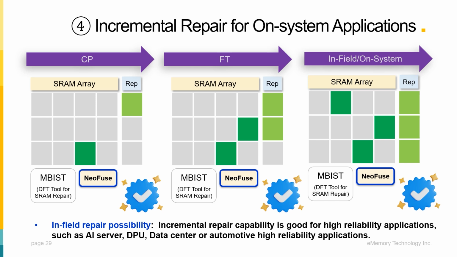The usage scenario is that we can repair the SRAM during the CP stage or at the FT stage, for example, after chiplet assembly or TSV connection, and then incrementally repair it over time when it is shipped to the server or the car. We believe that this usage can improve the reliability of SRAM.